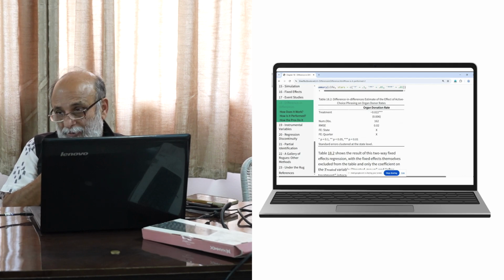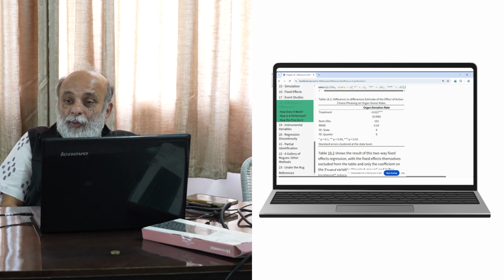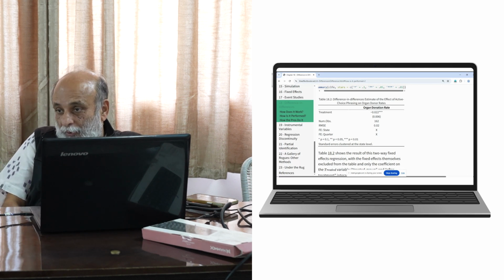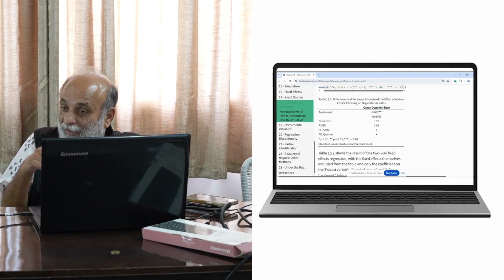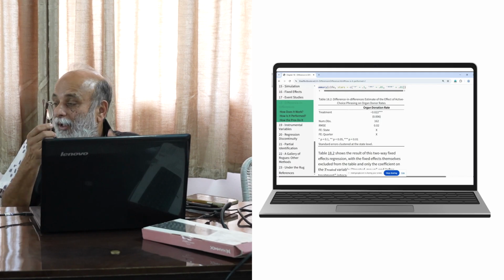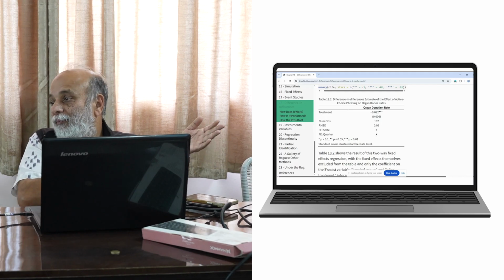Are you getting this? Minus 0.022. So it means that active selection led to a reduction of organ donation rates by minus 0.022 in states where active selection was allowed compared to states where it was not allowed.